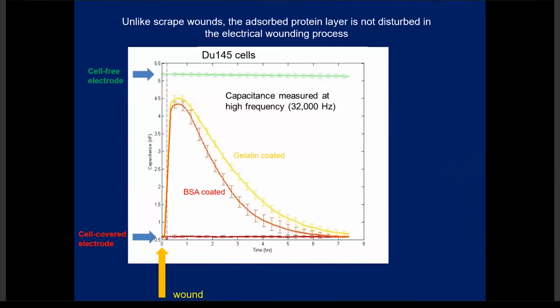So these are kind of inverse curves, but they're still showing cell migration, just as the curves we were dealing with previously with resistance. And here, before the cells were inoculated, electrodes were coated either with bovine serum albumin or gelatin. And notice we are seeing an effect on the migration based on the protein coat.